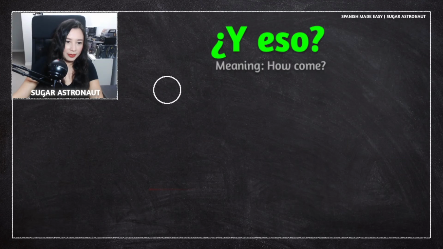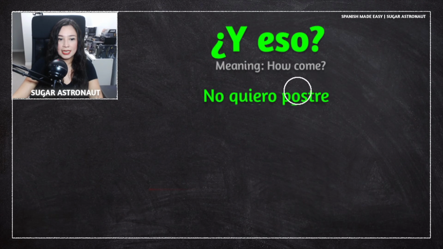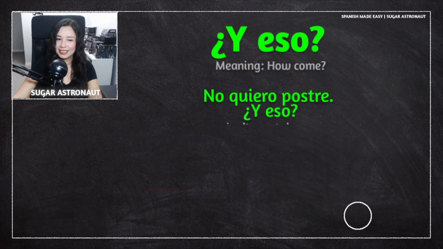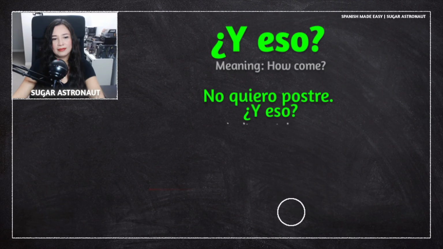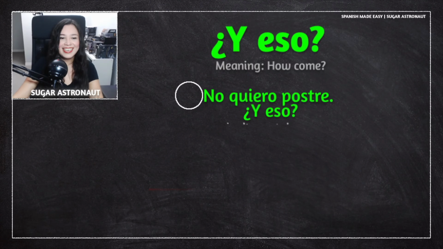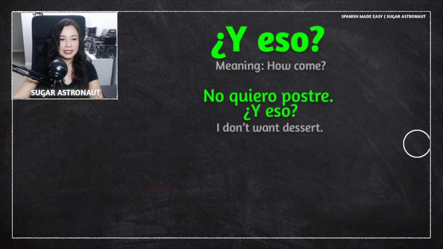So, for example, someone says, no quiero postre. Okay? And then you can ask, ¿y eso? How come? No quiero postre means I don't want dessert.